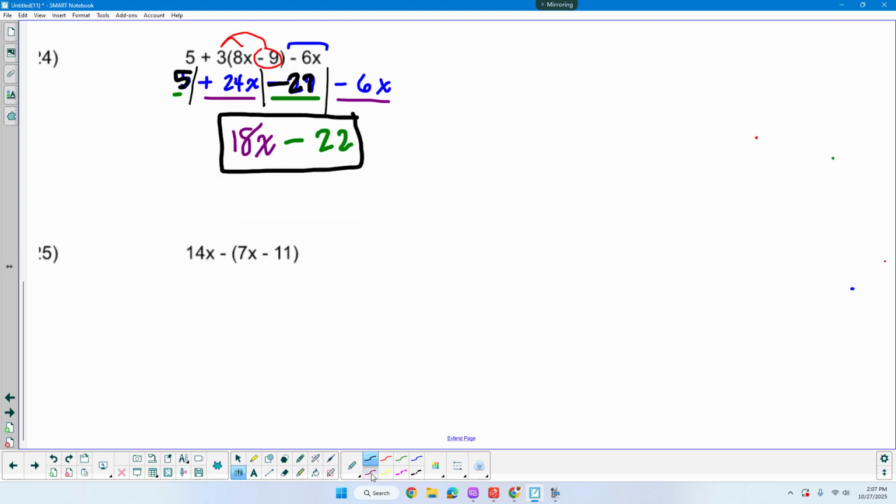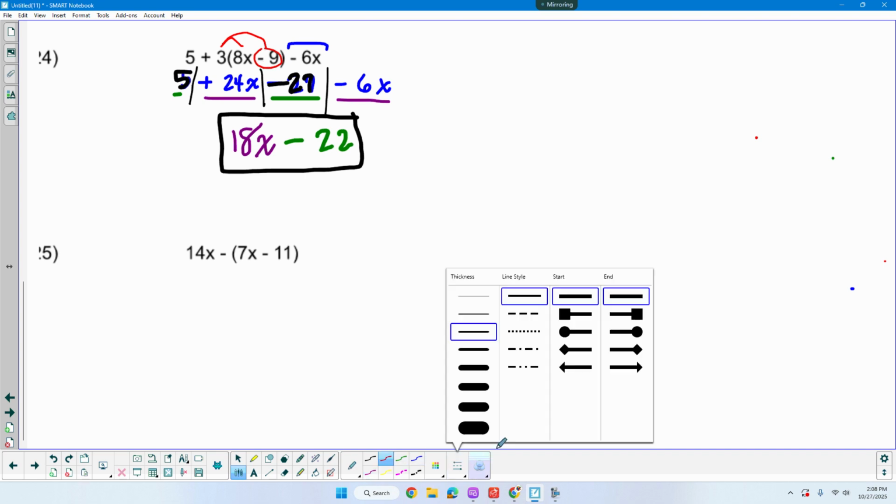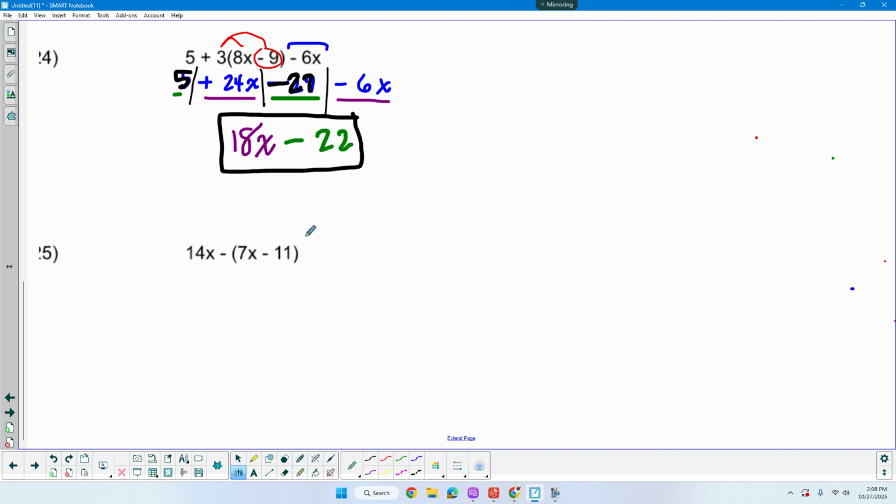Last one. What I want you to think about on this one is this 14x has nothing to do with the distributive property. So what we're really doing here is we're saying, I want to take away this, and I want to take away that.